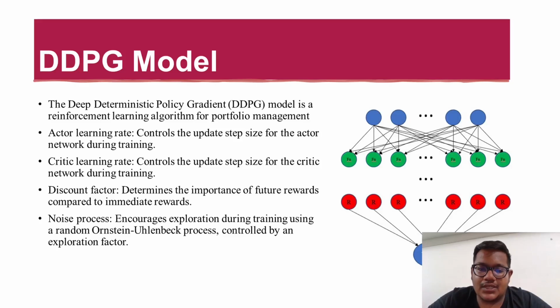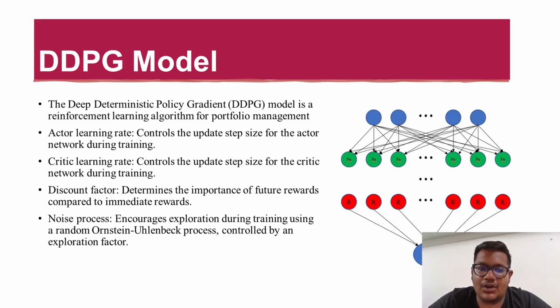Now let's see the target network. The DDPG uses two sets of networks, which are local and target, for both the actor and the critic. The target networks are updated slowly to stabilize the training process, and the noise process encourages exploration during the training using a random process which is controlled by the exploration factor.